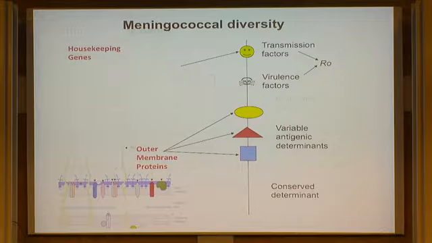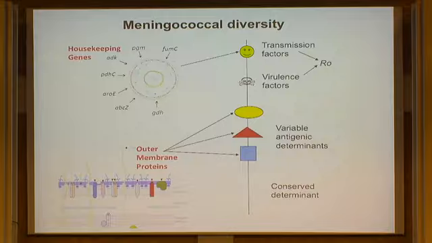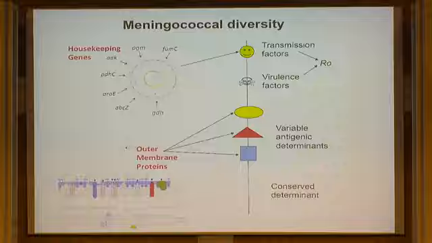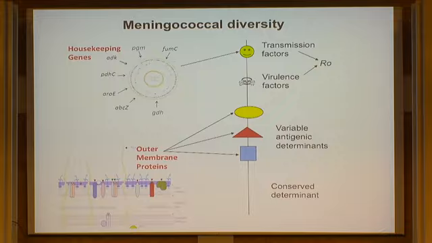And among these metabolic types, you have some which are more successful than others. Not hugely more successful necessarily, but successful enough so that when they're competing with each other on the background of the same antigenic variants, one of them will outcompete all the others.